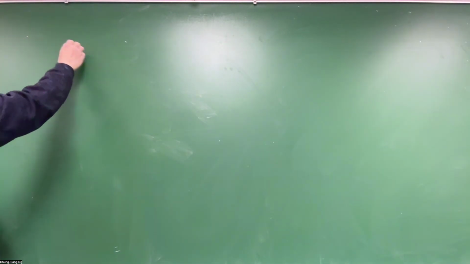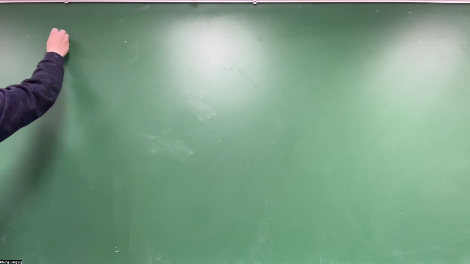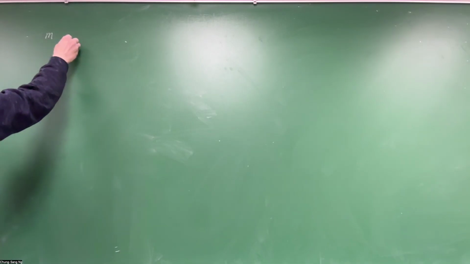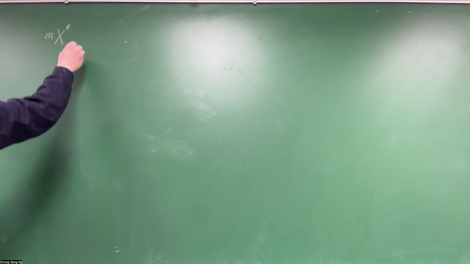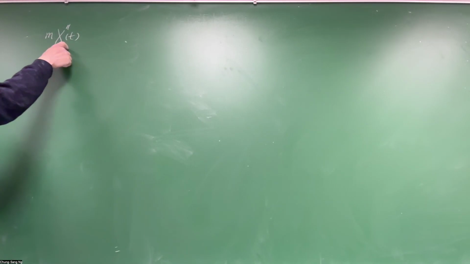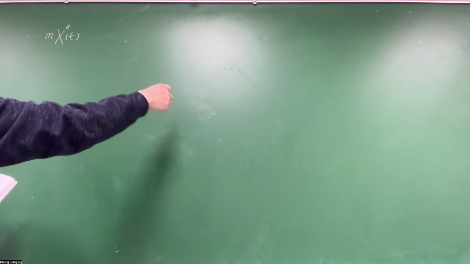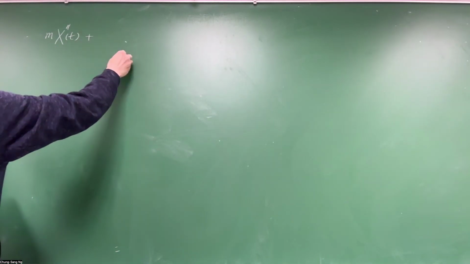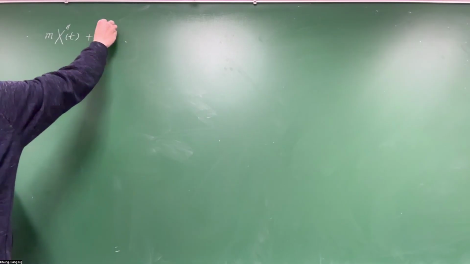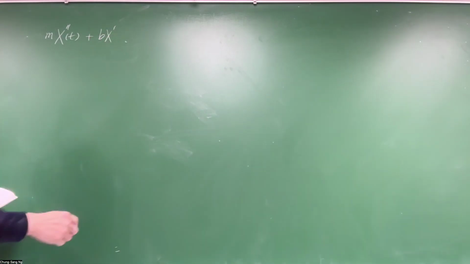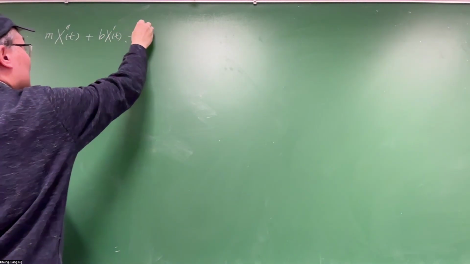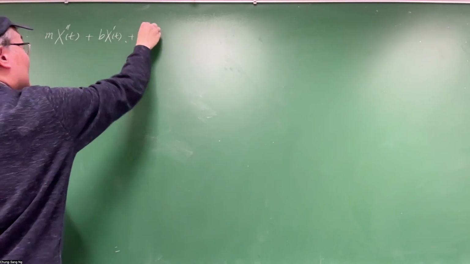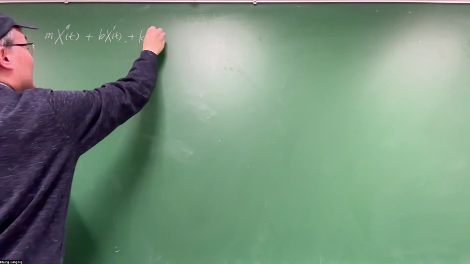So the equation: x double prime means the second derivative in time. This is the acceleration, and with mass it's the force. There's an extra term proportional to x prime, which turns out to be a damping term. It's always a function of t, and I think k has the physical meaning of a spring constant.